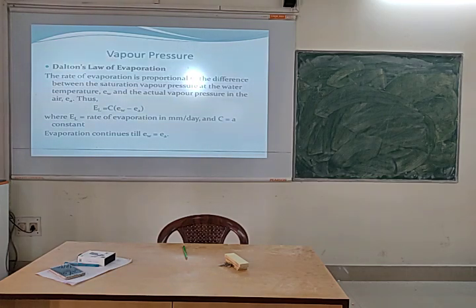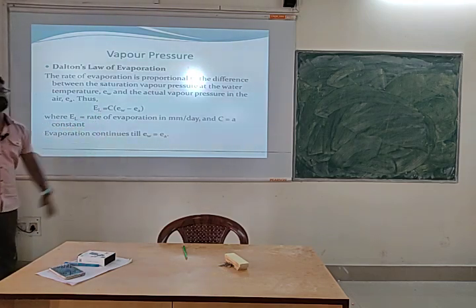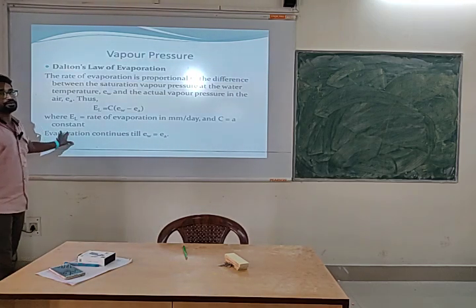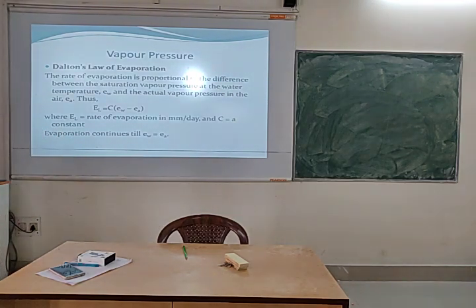Okay, now the relationship between the evaporation rate and the vapor pressure presented in the air is given by Dalton, right? So this is eventually Dalton's law. What they are saying is that EL is the rate of evaporation in millimeter per day. That will be equal to C, where C is nothing but the coefficient given by Dalton, right?